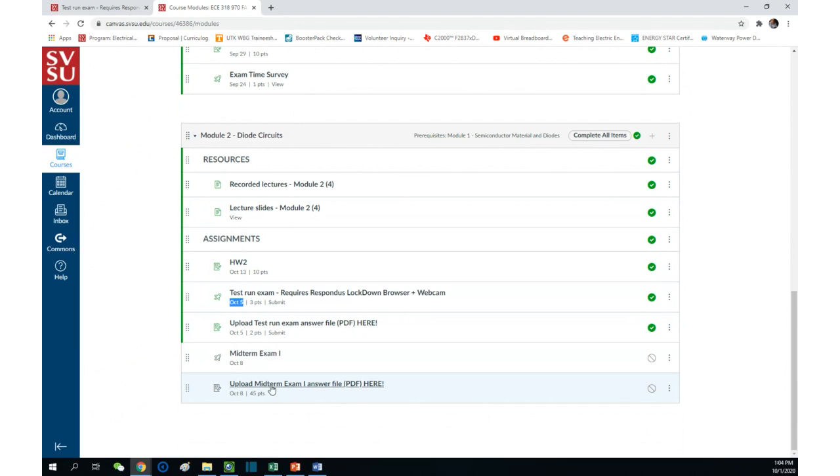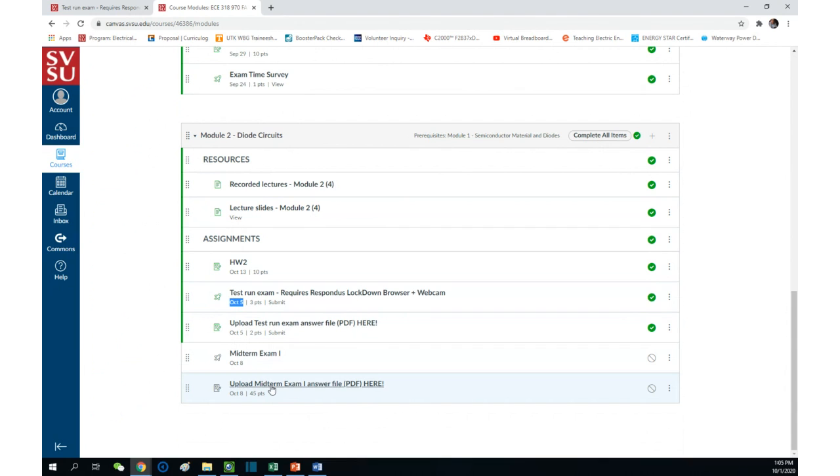If you know what you need to do and where to go, the calendar is helpful, but not the best place. The best place is always the modules, because I have organized the class into such a format. Everything is stacked in the modules.